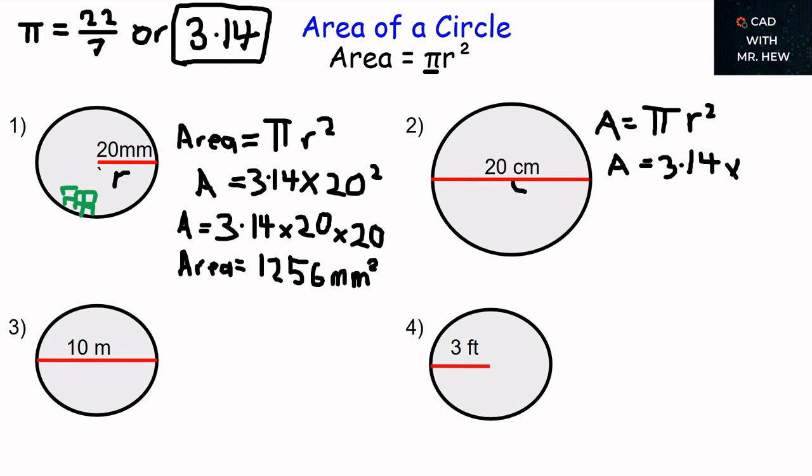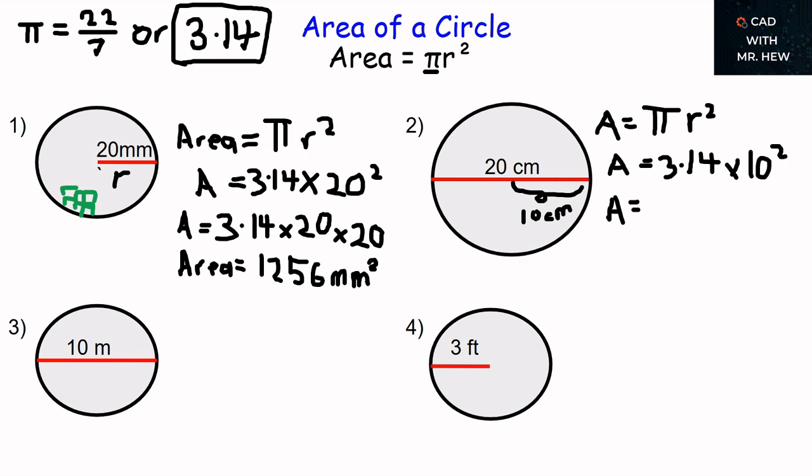So this radius will be 10 centimeters, okay? So when you get the question, you need to look and see if it was the diameter or the radius that is given. So this will be 10 squared.